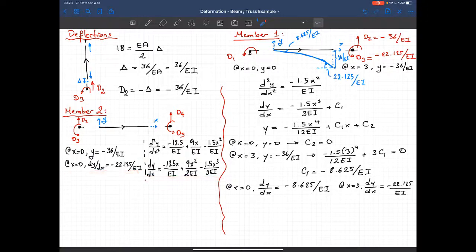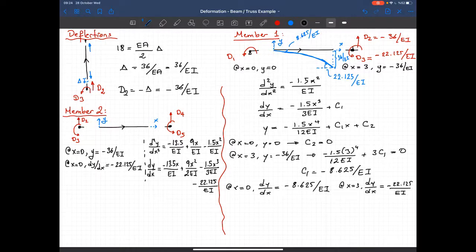When you plug this boundary condition into that equation, you see that C1 will be equal to this rotation value. So I will just write it directly, minus 22.125 divided by EI. That's the equation for the rotation.